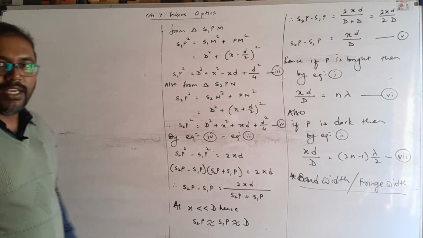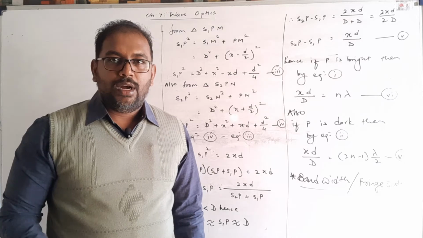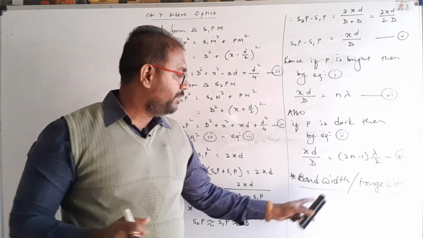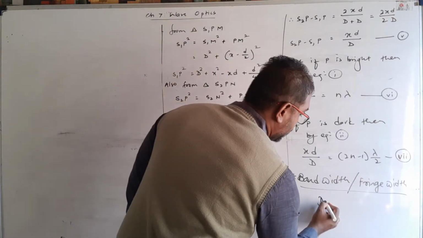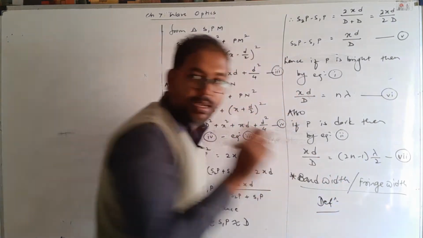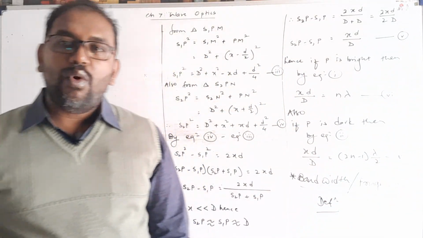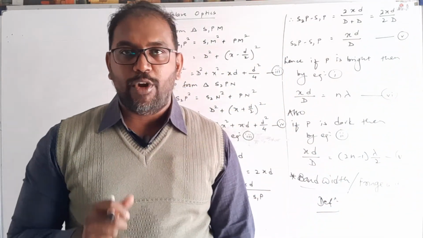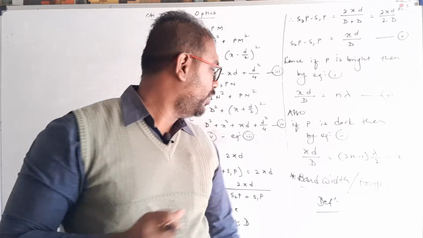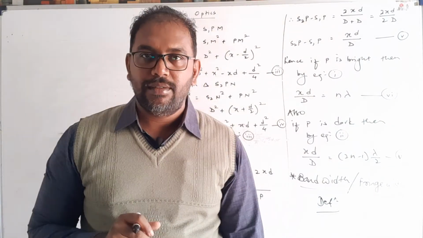I am considering two bright points. Bandwidth means the distance between any two adjacent bright points, called bandwidth or fringe width.